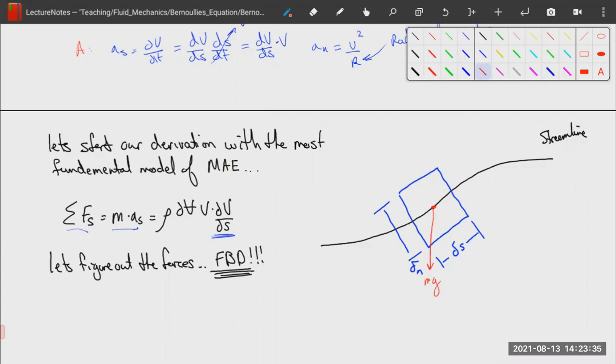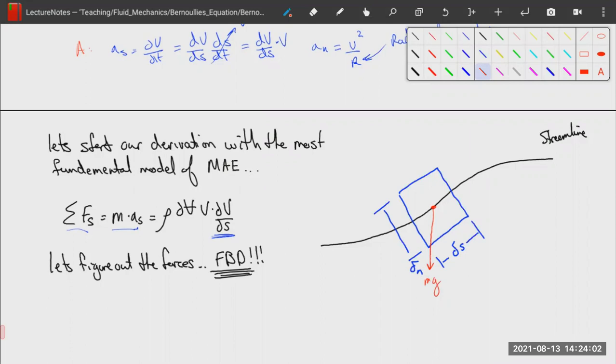There will be pressures on this differential element, and I want you guys to think back to how we did pressures with the differential element with the hydrostatic equation, right? We had a pressure in the middle, and then we talked about the pressure plus dp d delta S in this case, times delta S divided by 2, right?